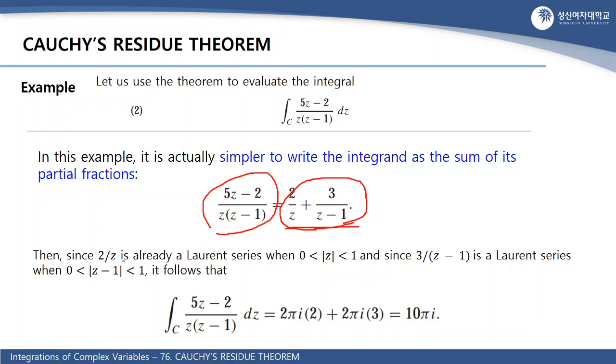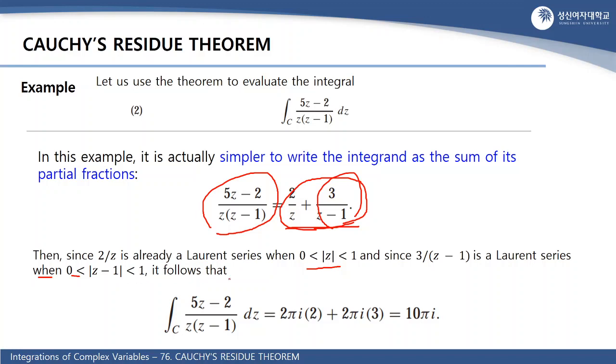Then since 2 over z here is already a Laurent series, when we consider the annular region, absolute value of z greater than 0 and less than 1. And the second part here, 3 over (z minus 1), is a Laurent series when we consider the annular region, the absolute value of (z minus 1) greater than 0 and less than 1.